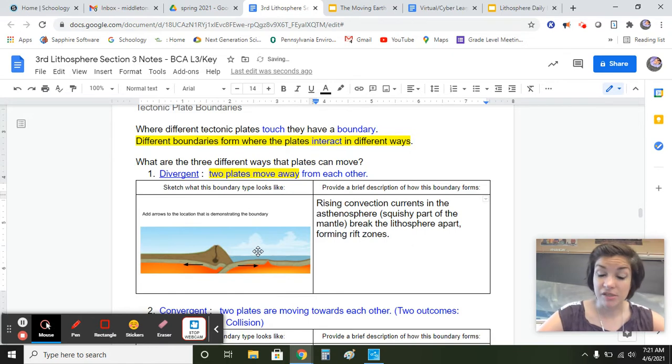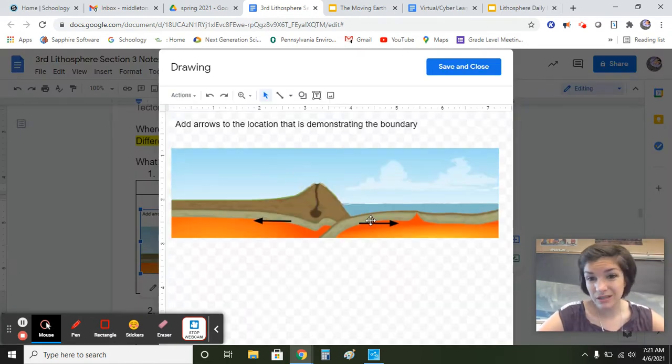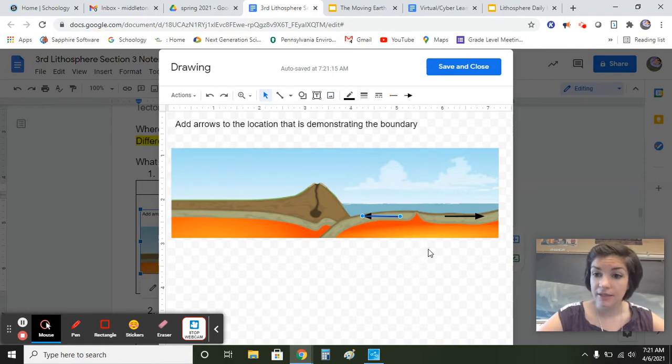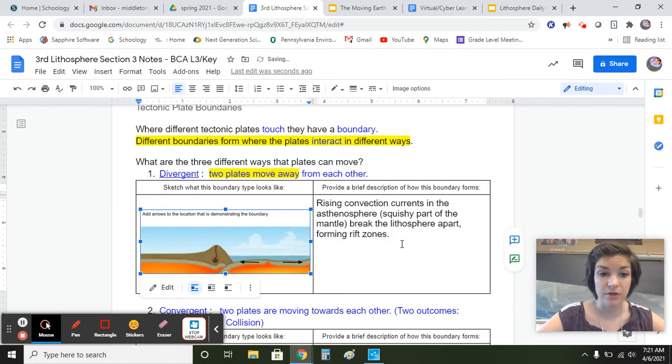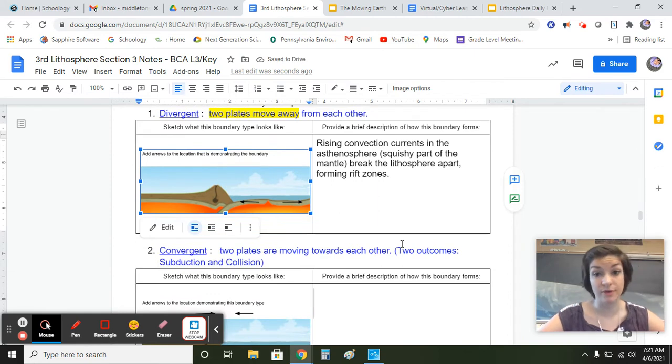I messed up because I wasn't thinking, because as my voice is telling you, it's the morning. So we put it right there. You'll notice up here is where the mantle would be rising, and it pushes these 2 apart, and that's going to get you a rift zone. This in the middle here is called the mid-Atlantic ridge. So let's save. Perfect. All right, that's much better.